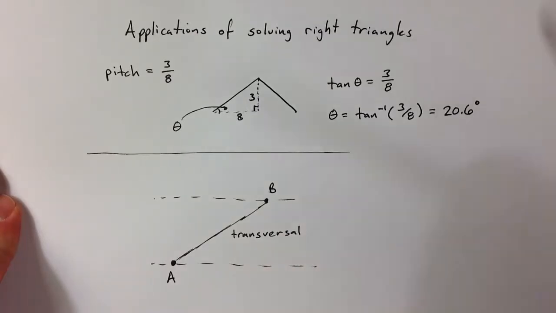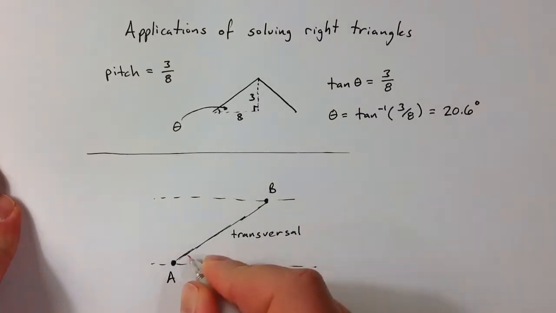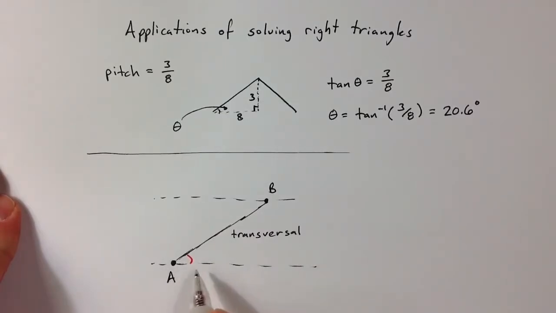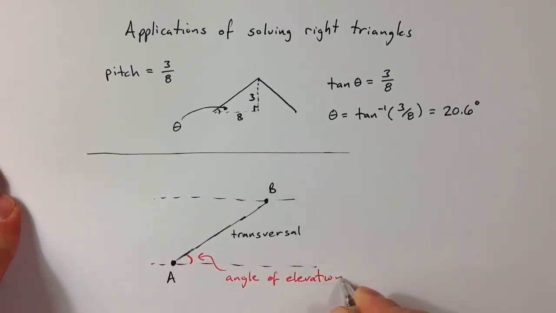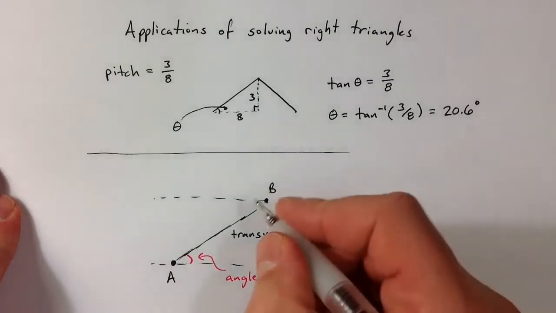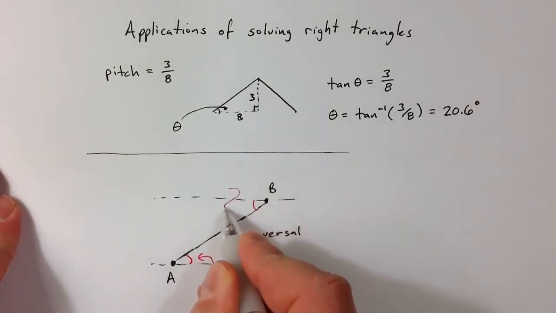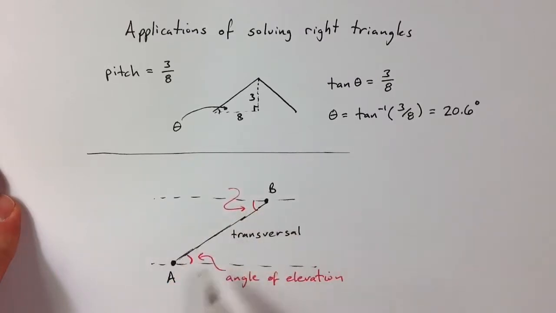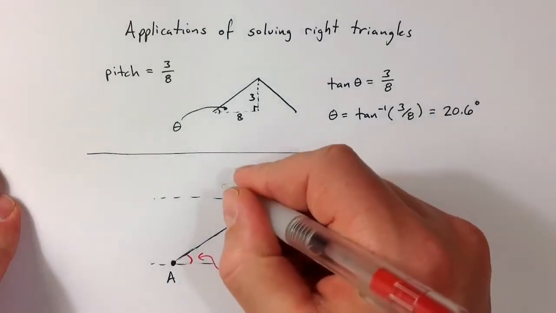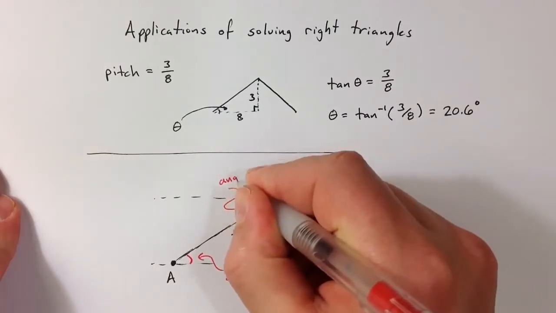In that situation, we call the angle between the horizontal and the transversal at point A the angle of elevation. And the angle up above, the angle between the horizontal and the transversal at point B, that's the angle of depression.